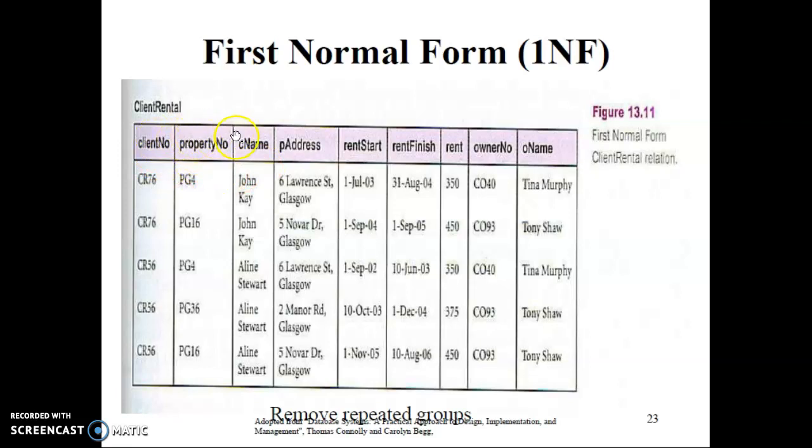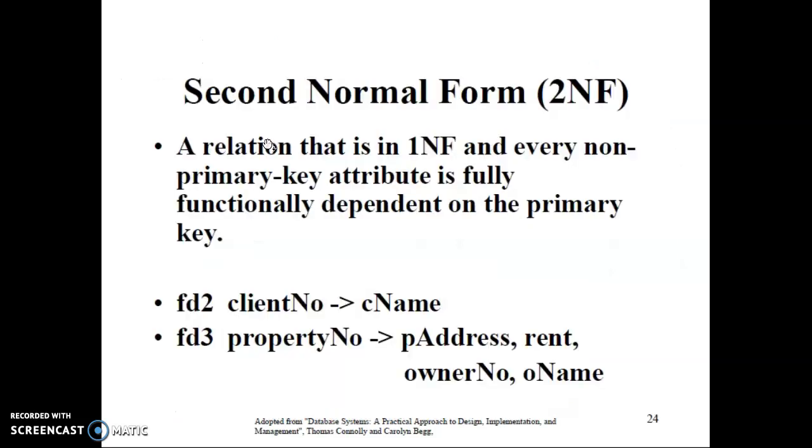These are the composite keys, that is, more than one primary key. That is the point you have to remember for converting into second normal form. If the table has more than one attribute as a primary key, then that is called a composite primary key. A relation or table with a single attribute primary key, there is no need to convert that table into second normal form.